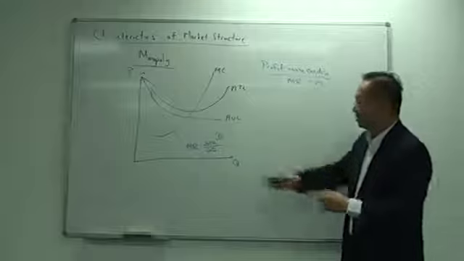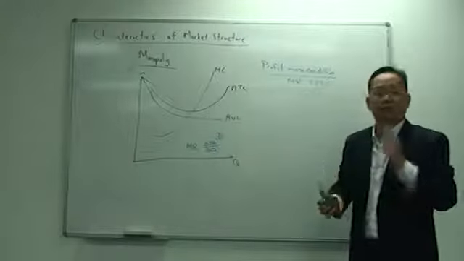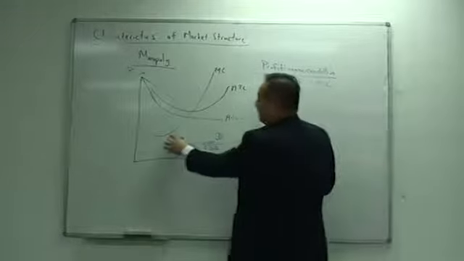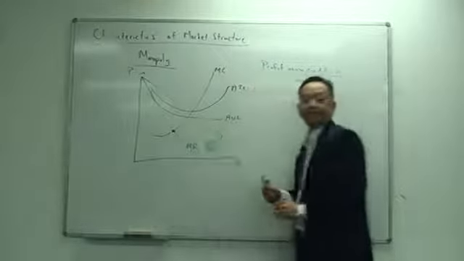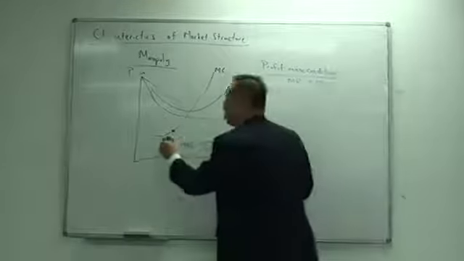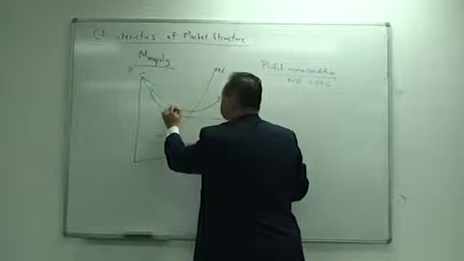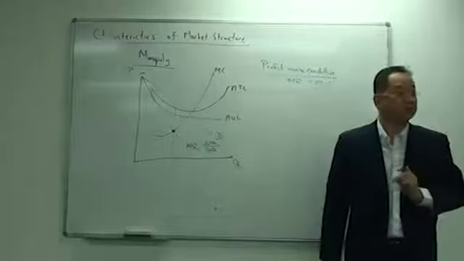You have a look, marginal revenue equals marginal cost, and we have to look at where they intersect. Marginal revenue and marginal cost intersect at this point. Okay? And then we draw a line straight through. From there, we can determine the price and the cost as well.